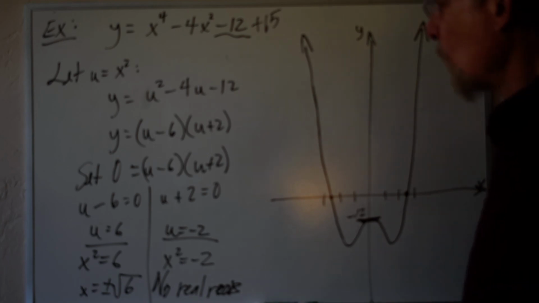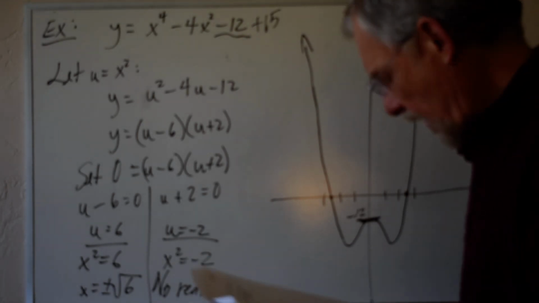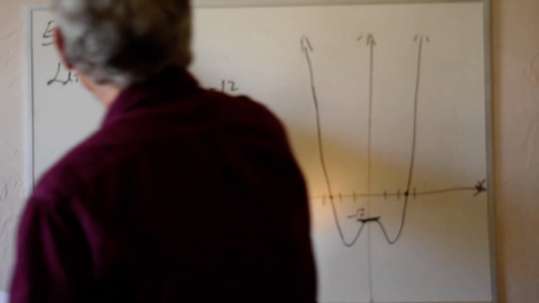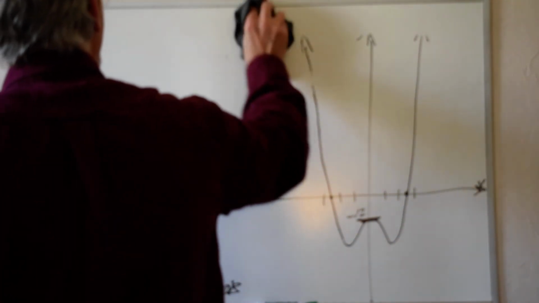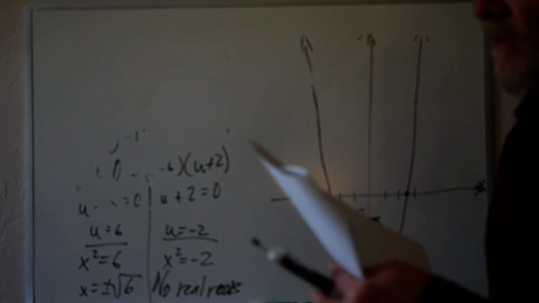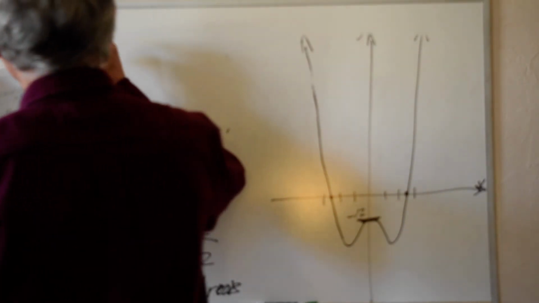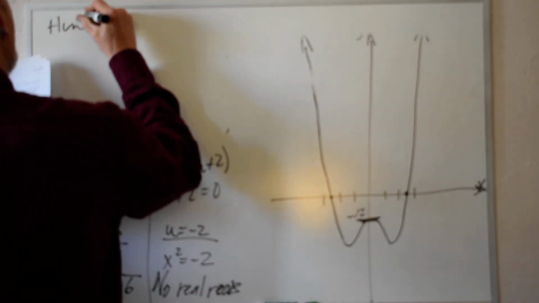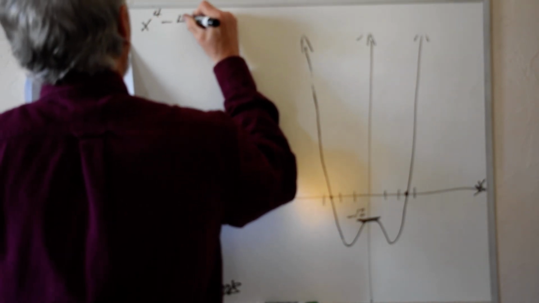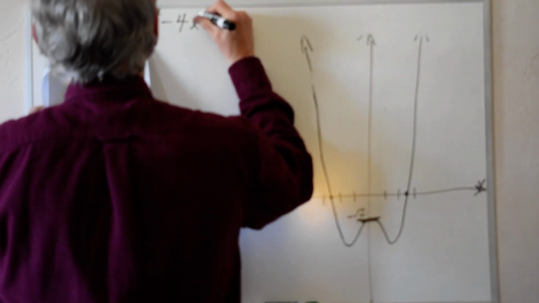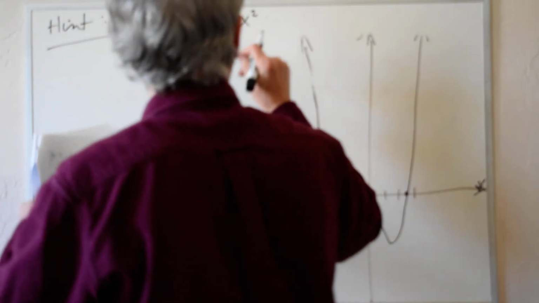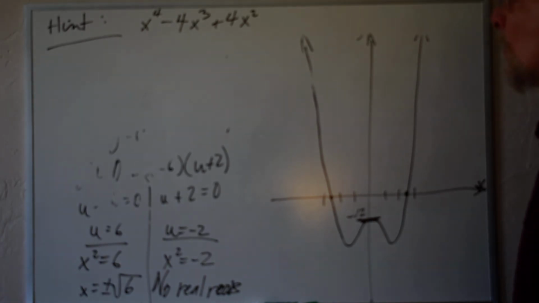Now, I want you to do another one of these, number 25, in the homework. So pause the video here and work out number 25, but let me give you a hint. Your quadratic expression, in this case, has x's in every term.